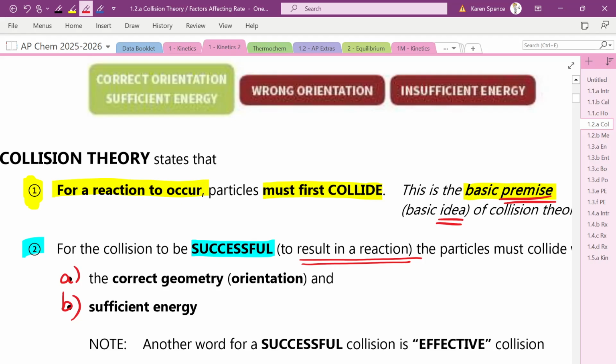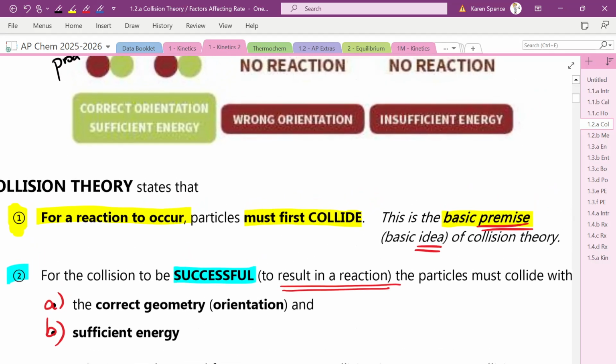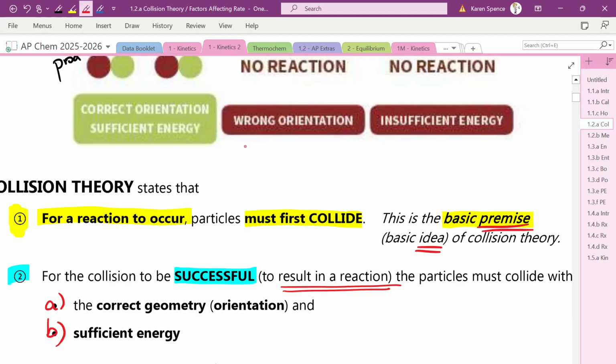Orientation is another way of saying geometry. So if we say the wrong geometry, the wrong orientation would be the same as wrong geometry. You could also say the wrong alignment.